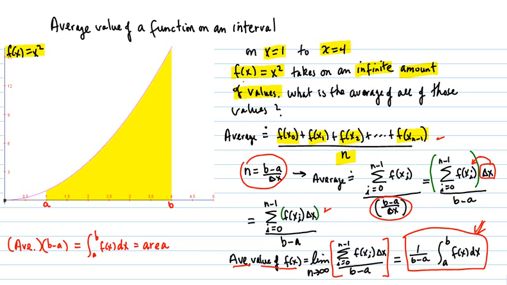Now what's interesting about this is that there's a way to geometrically think about this. The average value can be expressed this way: average value times b minus a. By just taking this b minus a and multiplying it over to the average value, you're going to get this expression.